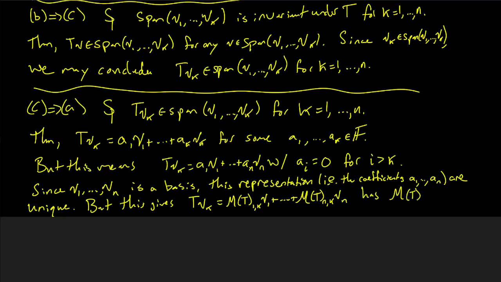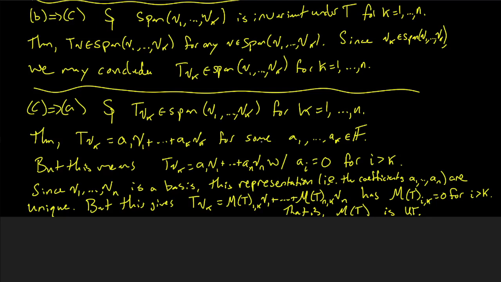The matrix of T, and I will write it this way, has entry ik equal to 0 for i greater than k. That is, the matrix of T is upper triangular. Oh yeah, that's the condition for upper triangularity.